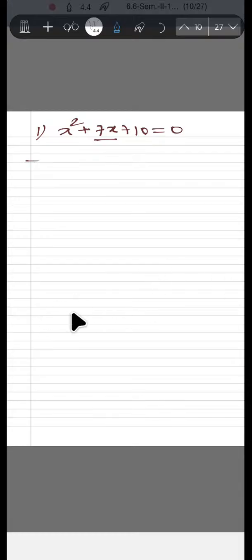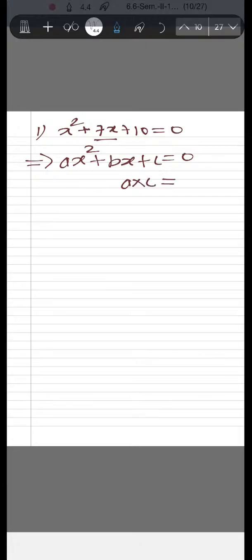See, first we have to compare that with the standard equation ax square plus bx plus c is equal to 0. So c represents 10, b represents 7 and a represents the coefficient of x square. Okay, so the very first thing we have to do is the multiplication of a into c. Okay, and whichever answer comes, we have to select such factors which can give you the addition or subtraction of the middle term.